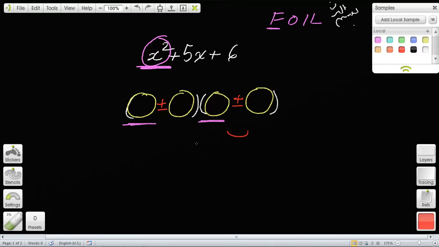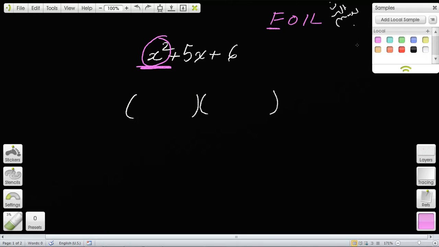Okay, so what we do here is we kind of try to figure out one at a time. So we look at the first term, and you appreciate the first term is derived by this and this, okay? So the first term here is derived as a product of this term and this term, right? That's what FOIL means over here. So, okay, what two terms will give me x squared?